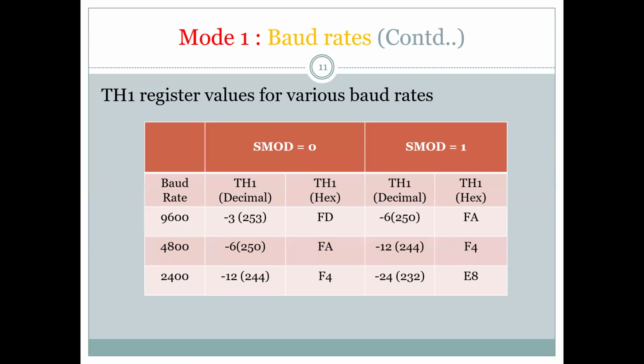I can achieve 9600 baud rate if SMOD is 0. For the same FD value, if SMOD is 1, I get double the baud rate, 9600 into 2. How much?